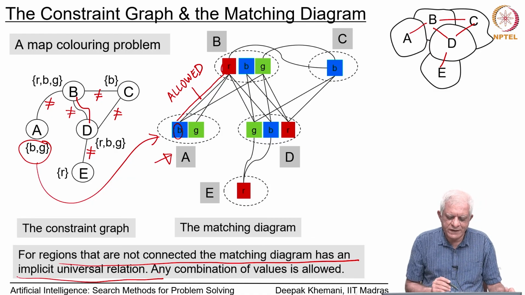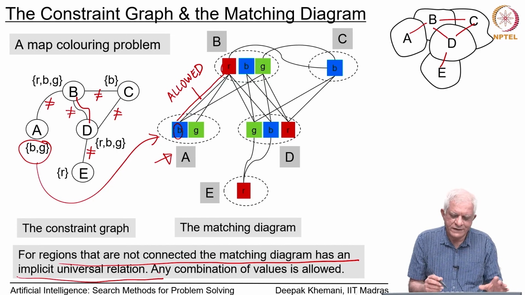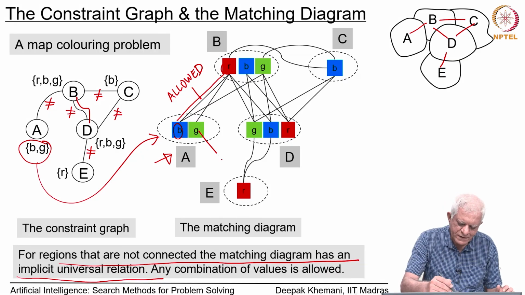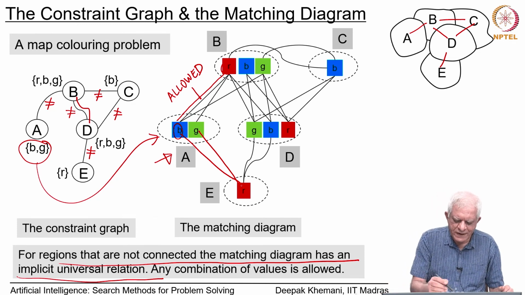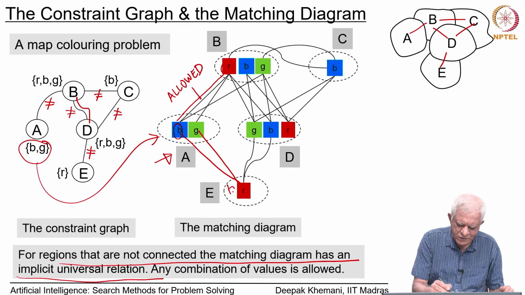So, look at A and E for example. Not having an edge between A and E in the constraint graph is equivalent to having both these edges in the matching diagram. It says that you can use these two combinations and there is no constraint between them. Even if we had, let us say, blue in the domain of E, we could have also connected blue to blue there and green to blue here.